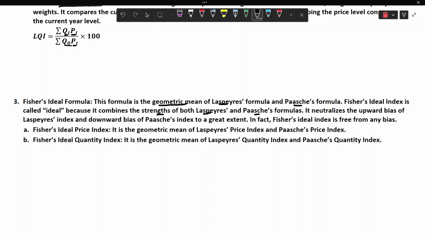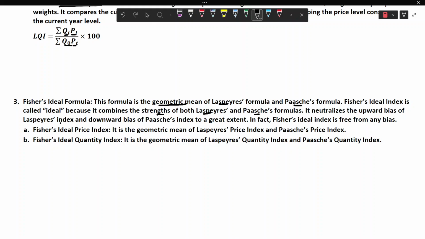It neutralizes the upward bias of the Laspeyres index. As we stated, Laspeyres tends to overstate the values and Paasche tends to understate the values, and Fisher's index corrects the downward bias of the Paasche index to a great extent. In fact, Fisher's ideal index is free from any bias.